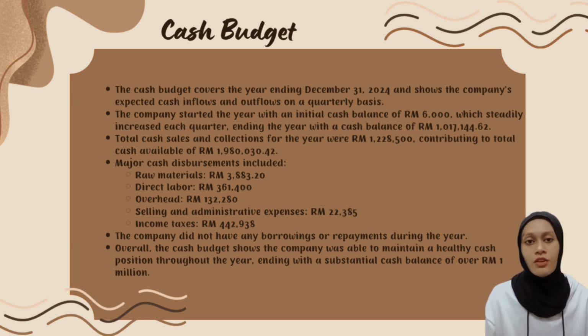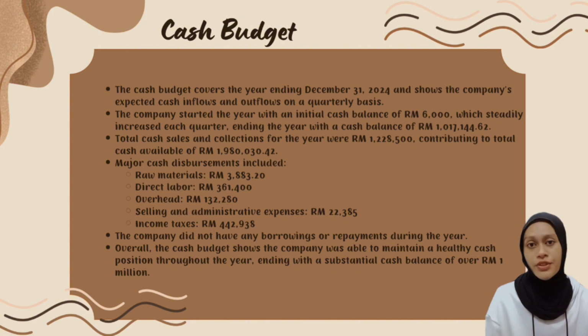The company did not have any borrowings or repayments during the year. Overall, the cash budget shows the company was able to maintain a healthy cash position throughout the year, ending with a substantial cash balance of over 1 million ringgit.